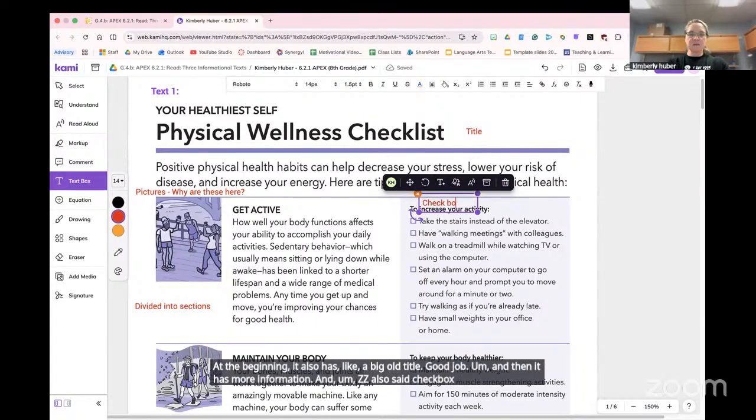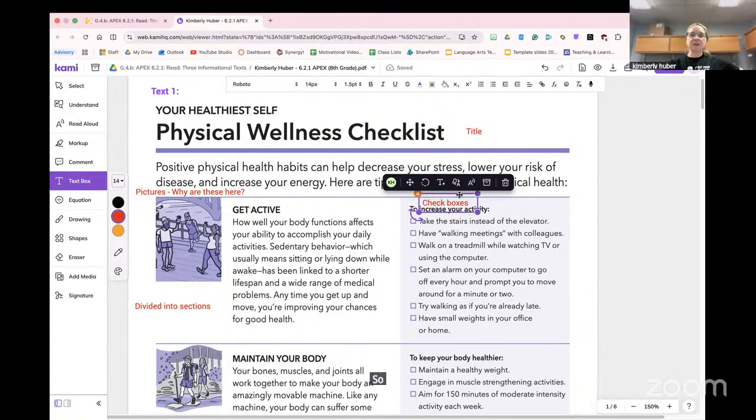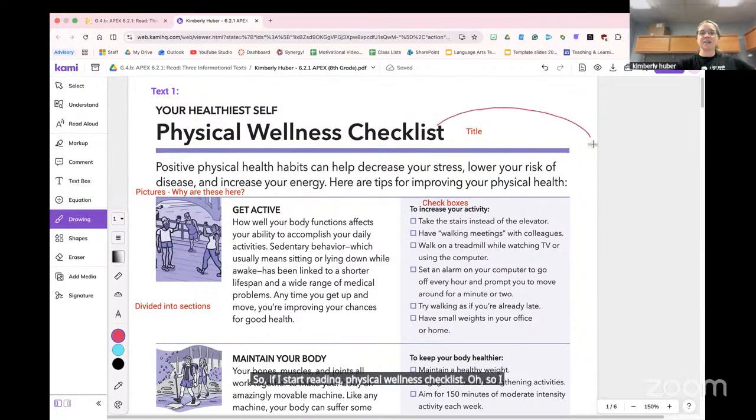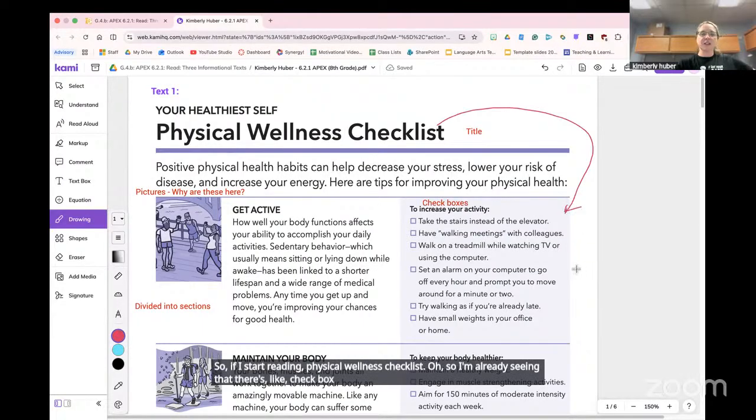Yes, indeed. So if I start reading, physical wellness checklist. Oh, I'm already seeing that there's check boxes right here. Here's my checklist. Positive physical health habits can help decrease your stress, lower your risk of disease, and increase your energy. Here are some tips for improving your physical health. Get active.